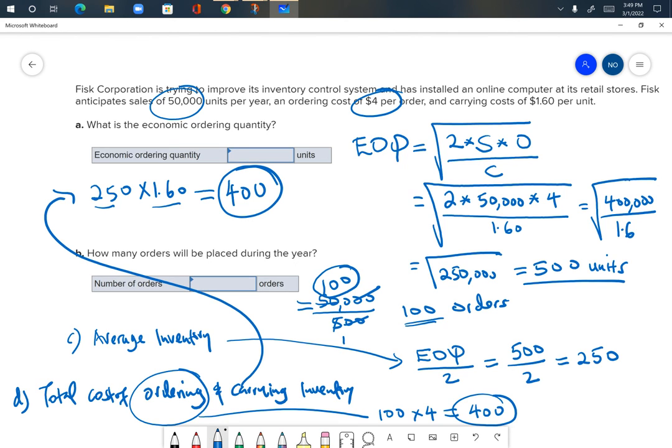So therefore, your carrying cost is $400, and your ordering cost is also $400.